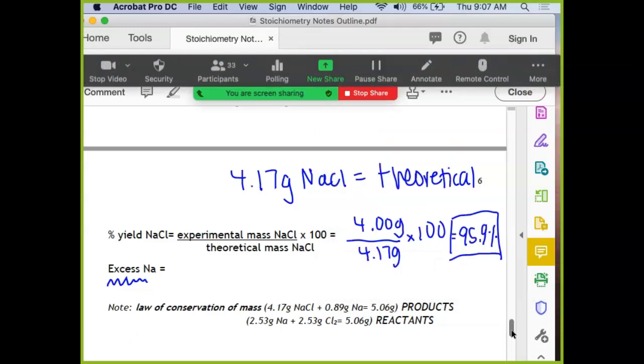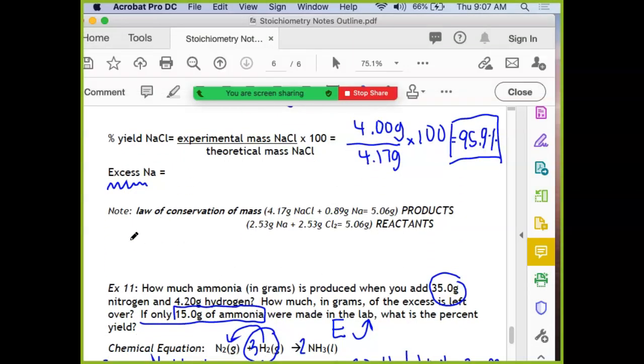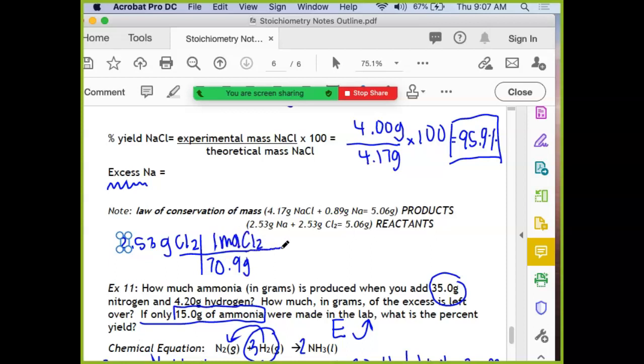All right, so here we go. 2.53 grams of chlorine, because it's my limiting reactant. Chlorine's molar mass is 70.9. 35.45 plus 35.45 is 70.9 grams per 1 mole of chlorine.